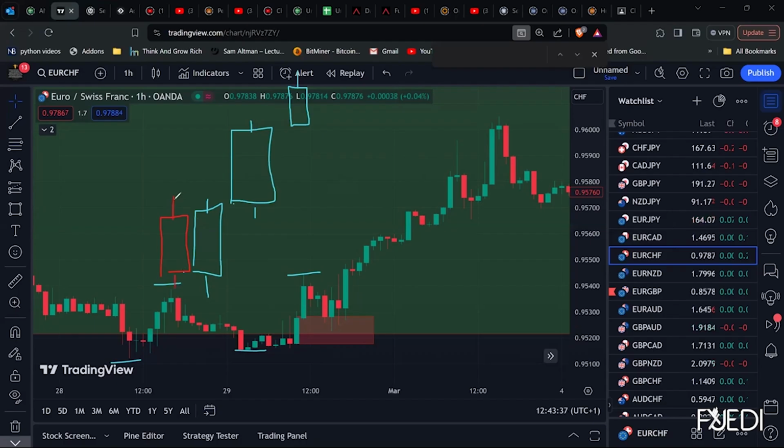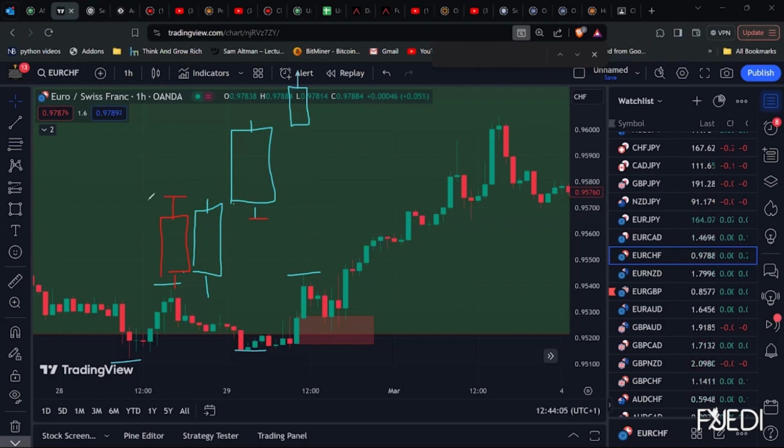To spot an imbalance, you need three candles, right? Notice how this third candle connects with the first candle. So this is candle 3, this is candle 2, and this is candle 1. The low or the high of this candle, whichever, connects with this third candle; there's no space in between. However, look at this one.